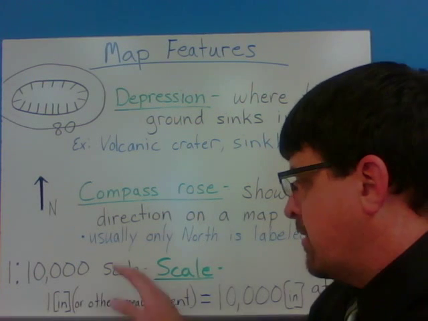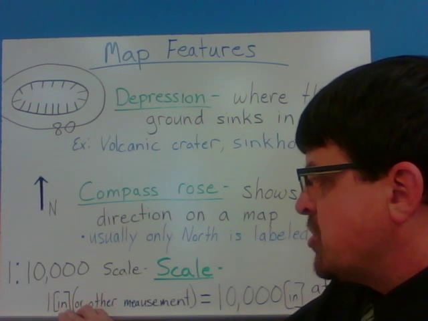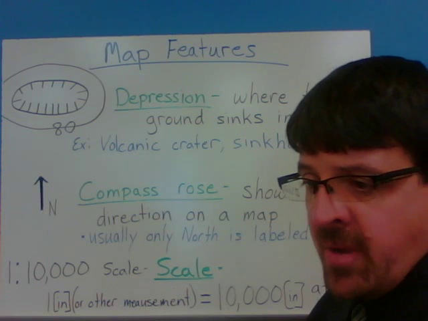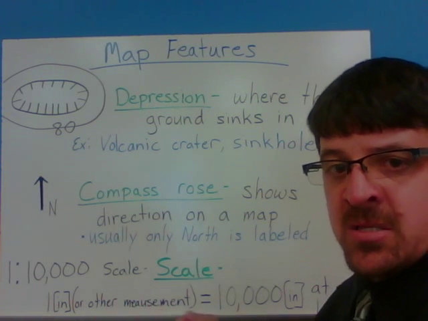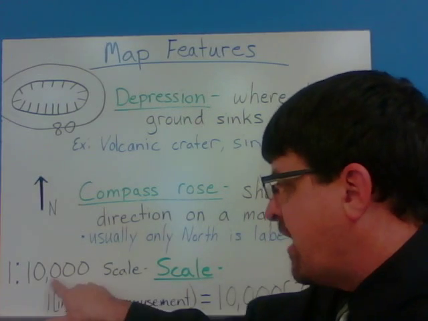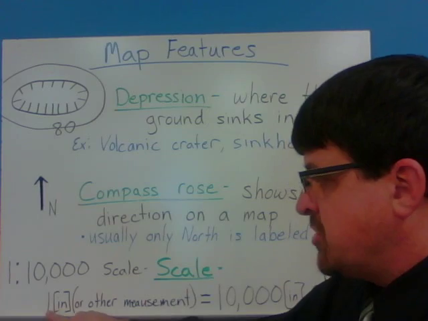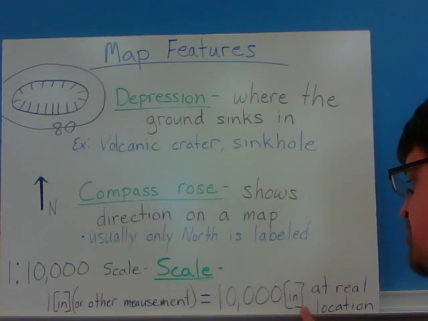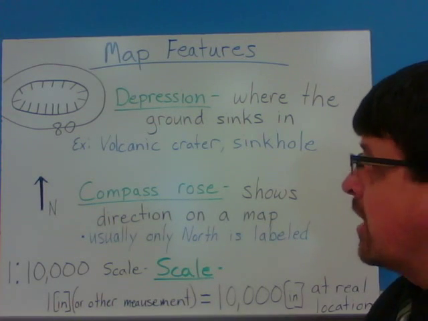On this particular example, that is the scale, which 1 inch or other measurement, I mean, you could lay a pencil down on the map, and from one edge of the pencil to the other side of the pencil would be 10,000 pencils in real life between those 2 points. I like to just think of it, 1 inch on the map is 10,000 inches at that real location, or between those 2 locations. Okay?